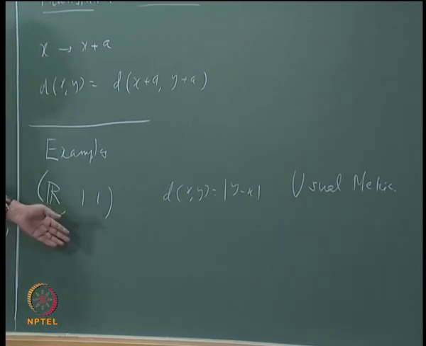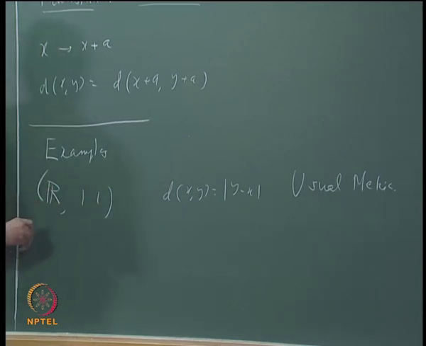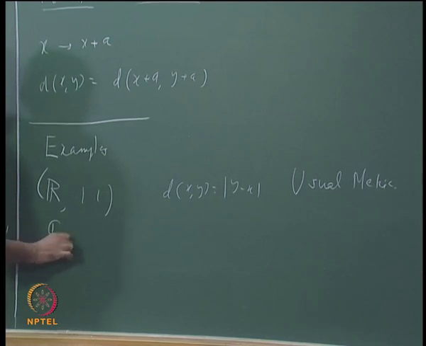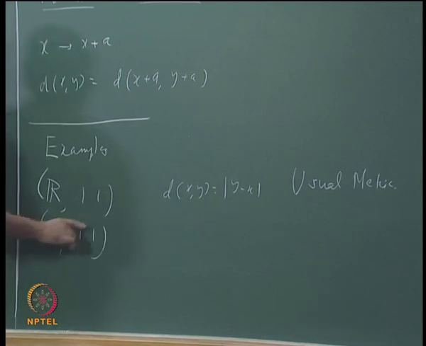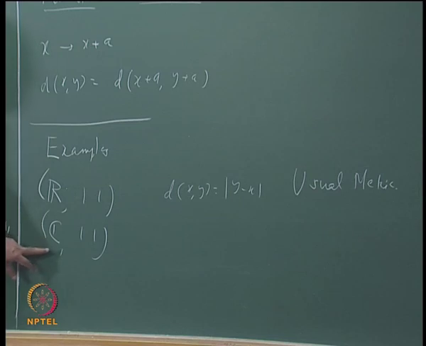On C also you have an absolute value function, so we can talk of the absolute value of a complex number. That is also called the usual metric on C.